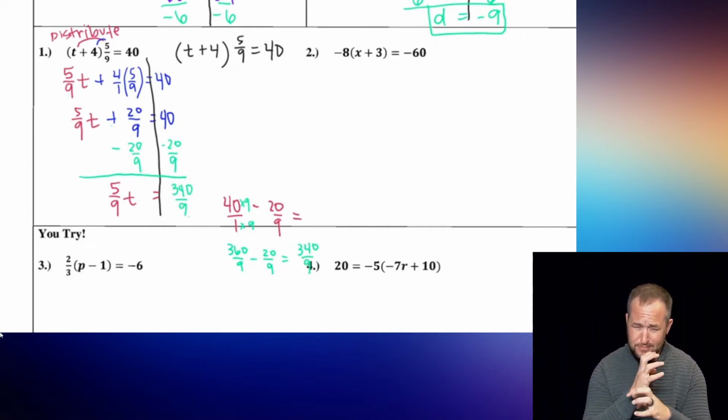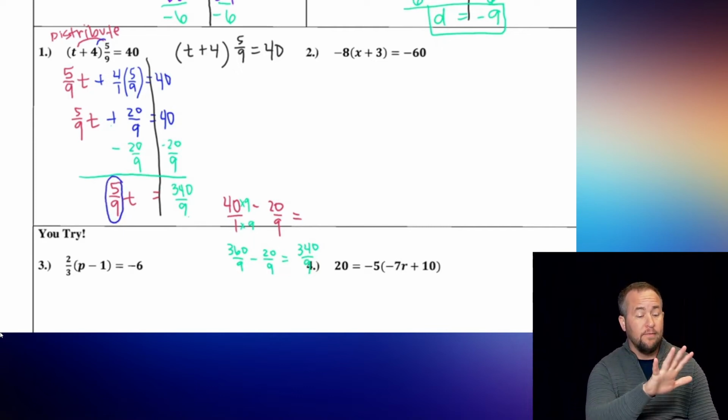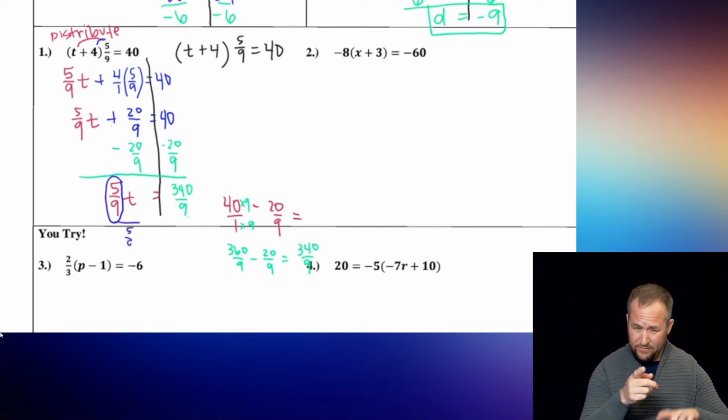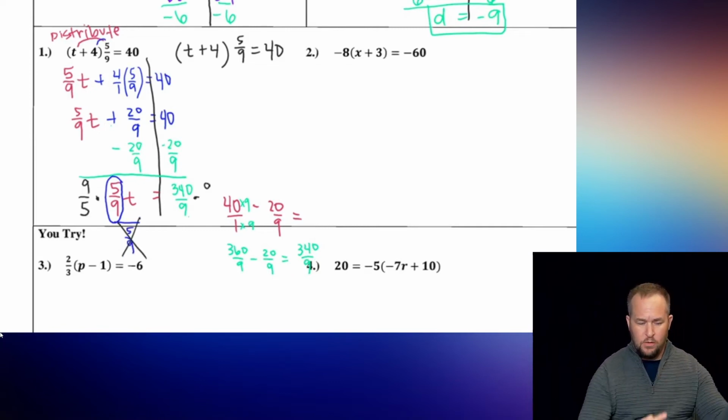Okay, so notice how this one with the fraction is getting really dicey. So that's why this next method, so if we use the dividing method, it's going to make our lives way easier when we see a fraction coefficient. So then our last step here, when you see 5/9 t, instead of dividing by 5/9, remember we don't show that work. Instead, we multiply by the reciprocal. So times 9/5 times 9/5.